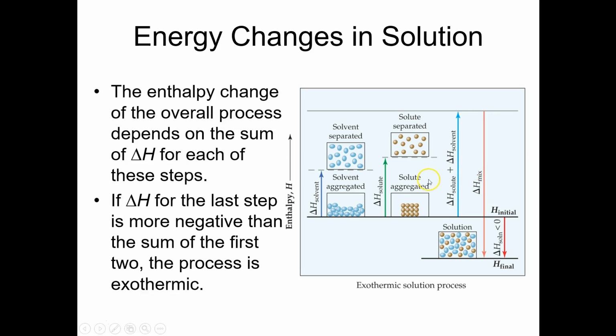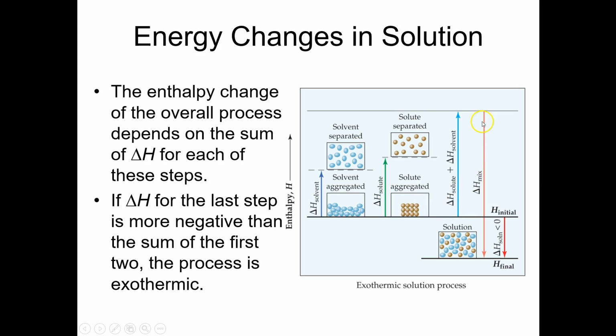And if this red arrow, if delta H for the red, the third step, is more negative than the sum of the first two steps, then you'll have an exothermic process.